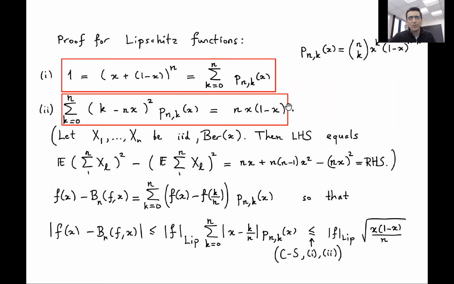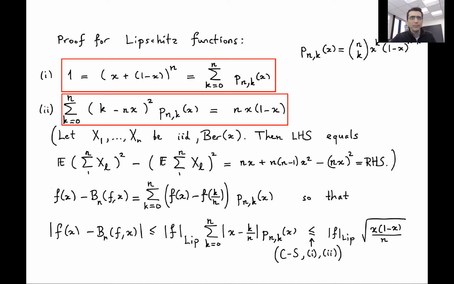And the second important result is that if you compute the second central moment of the Bernstein polynomials, you actually find an explicit formula. This is the second box here. This says something about the localization of the Bernstein basis. The fact that they are localized, but not that localized.